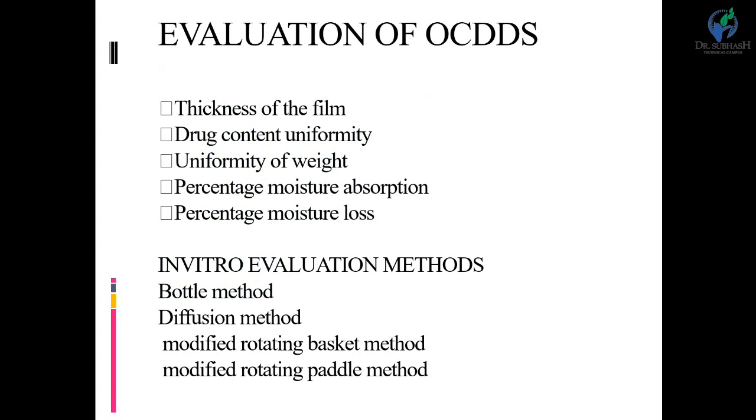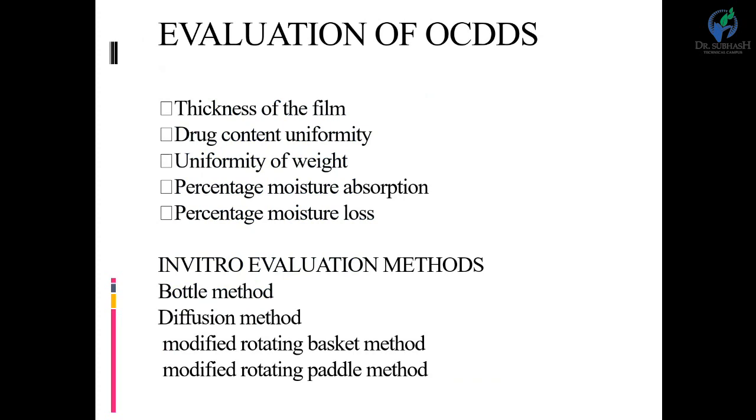Then we go for percentage moisture absorption and percentage moisture loss studies of the film. For the ocular films, we first weigh them and place them in a desiccator containing a hygroscopic substance like calcium chloride or aluminum chloride. We put our film in the desiccator and give humidity after some time, like 3 days.